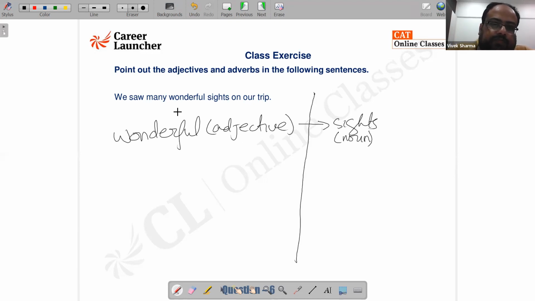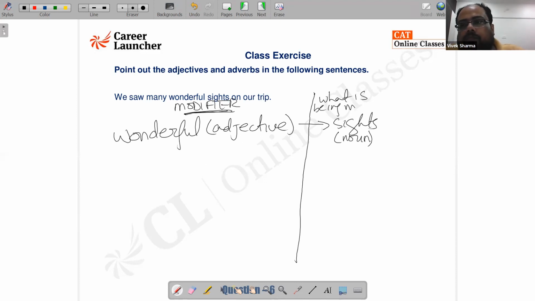So I'll make it like this. Here I have the modifier, and here is what is being modified. The modifier is wonderful. It is modifying the noun sights.